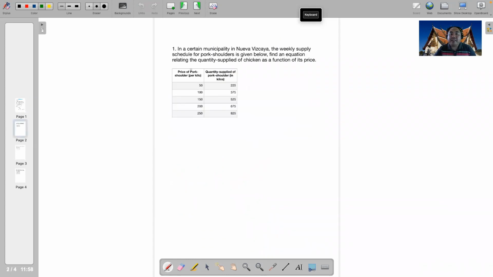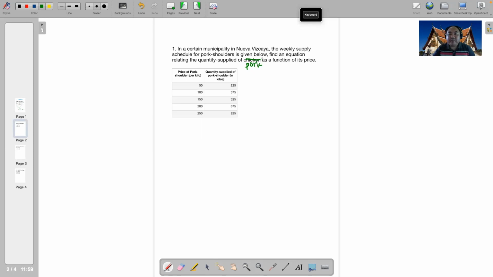For example, here, you have a municipality in Nueva Vizcaya, and they have a weekly supply of pork shoulders. It is given as such. So find the equation relating the quantity supplied of pork. Please just note that this is quantity supplied of pork as a function of its price.